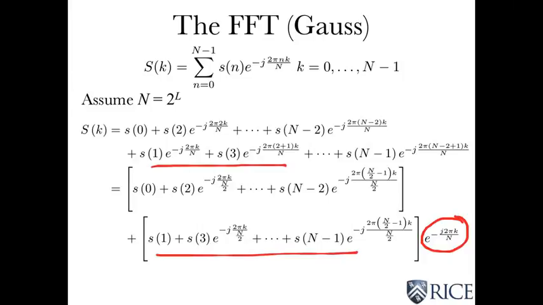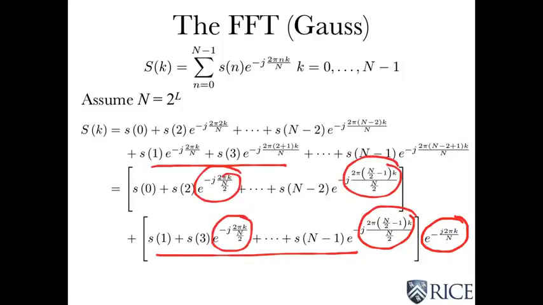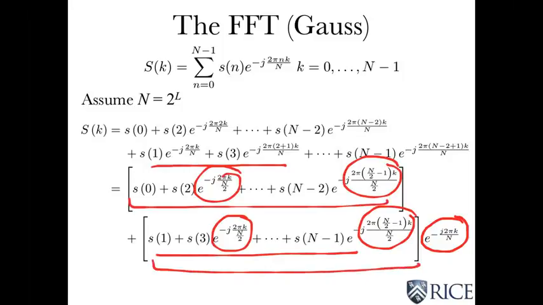And then he noticed that these exponentials for corresponding terms in the two sums are all the same. So we have the same computation going up here as we do down here, and we take the one for the odd numbered terms, multiply by this, add them up, and that gives us the DFT.